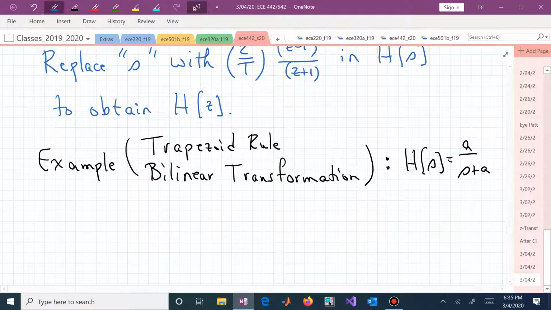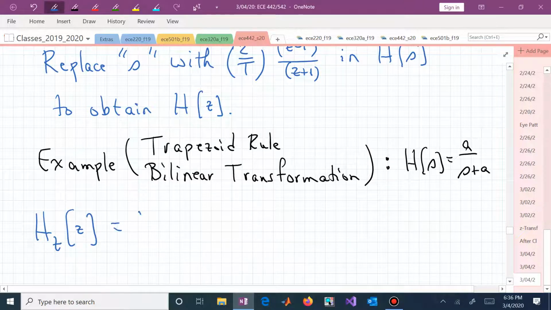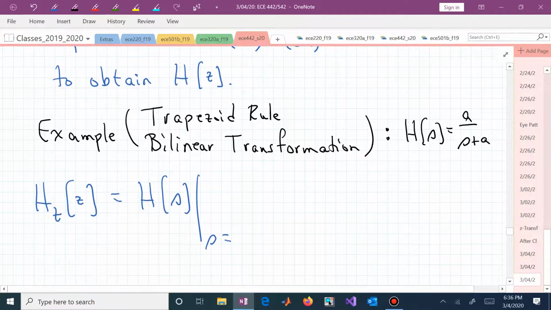Now this is H sub T, that's a T for trapezoid, of z. That's now H of s, substituting away s with 2 over T times z minus 1 over z plus 1.